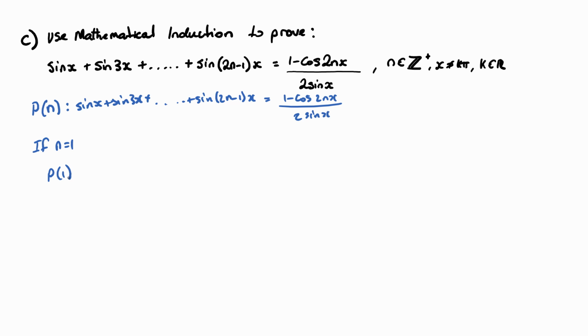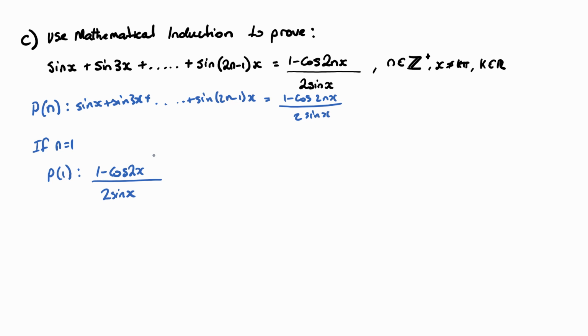P of 1 will be, so let's sub in 1 into this equation here. It's just going to be (1 minus cos of 2x) over 2 sine x.